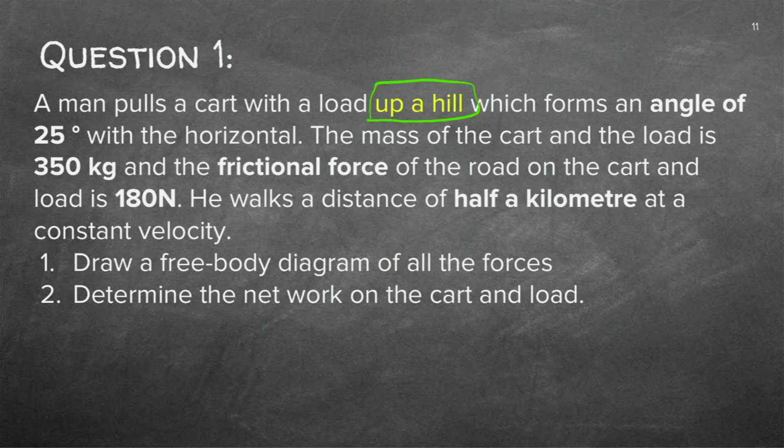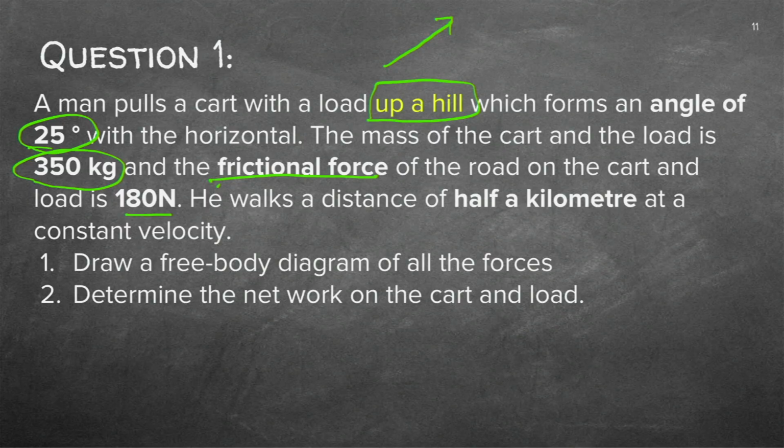So in your mind, you already see here that you've got an object that's going upwards on a hill, which forms an angle of 25 degrees. So they're giving you the angle of this hill. The mass of the cart and the load is 350 kilograms, and they're giving you the frictional force of 180.